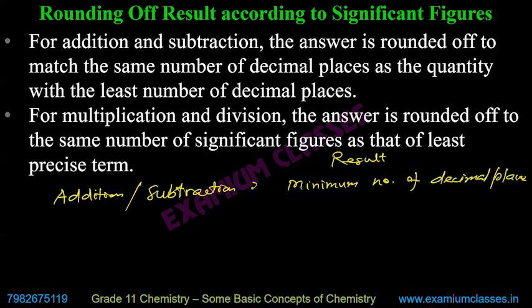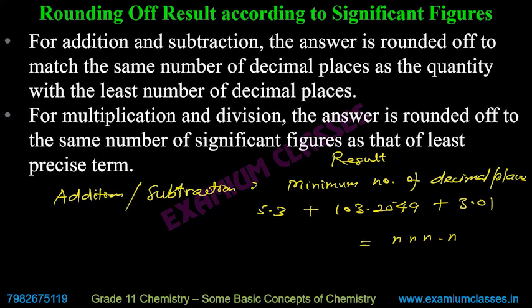So suppose you have 5.3 plus 103.2549 plus 3.01. So the minimum decimal place is 1. So the result will have some digits, and it will be of the form dot n only.